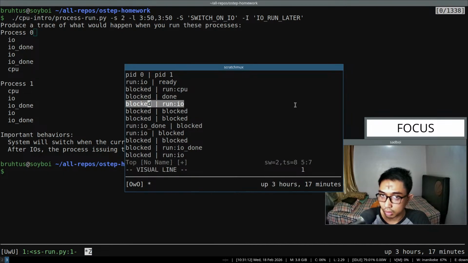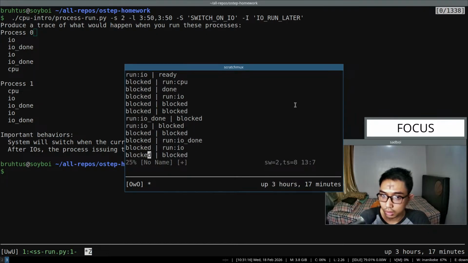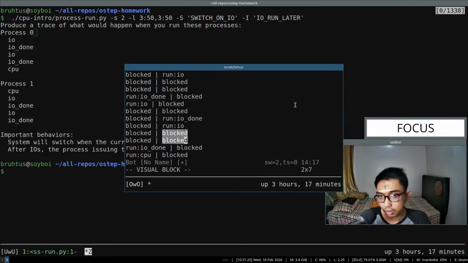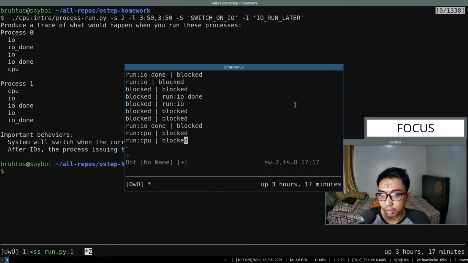The first IO on PID 1, and then the second IO on PID 1. Block, okay. This is run IO done, I think.